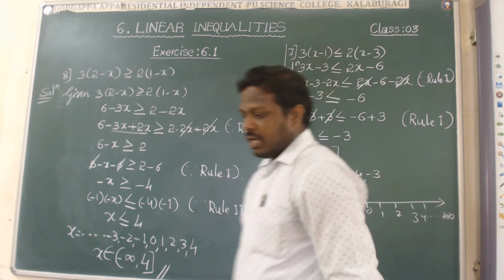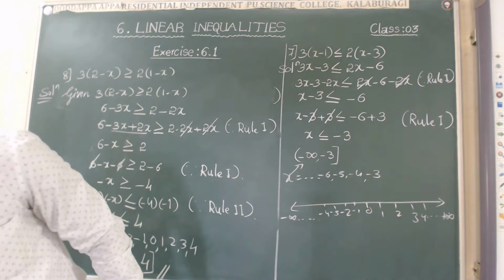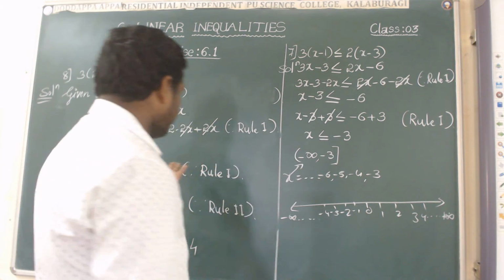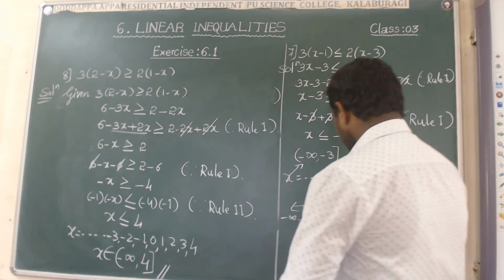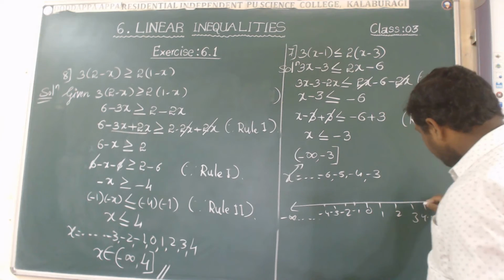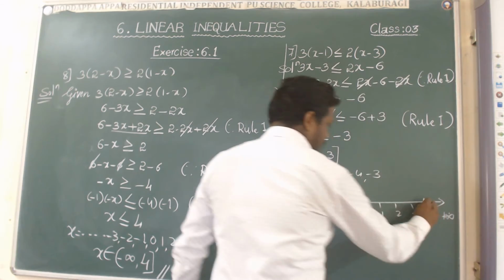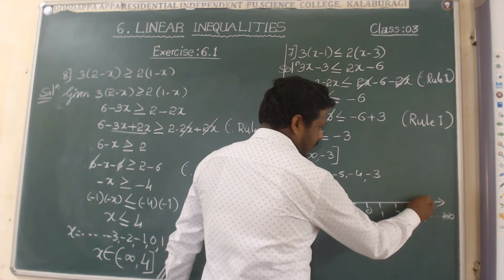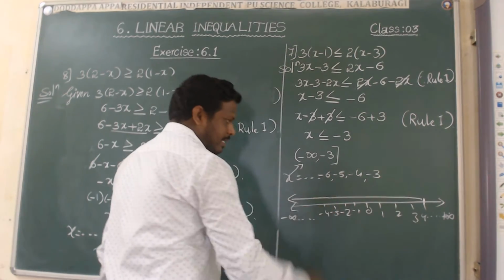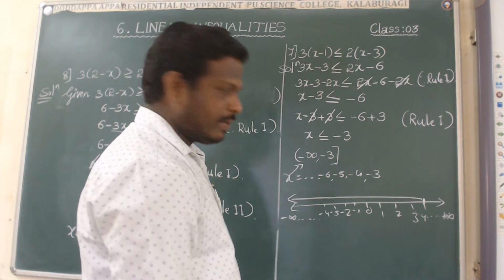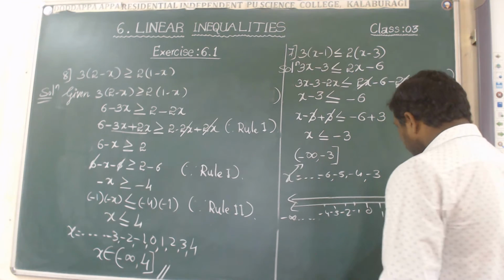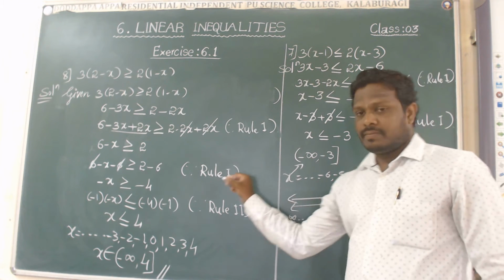Okay. I hope that all of you are getting this one. There is no complicated one here. See here, the value of x from this to here is going this side. The value of x will be from 4 to the left side, moving.